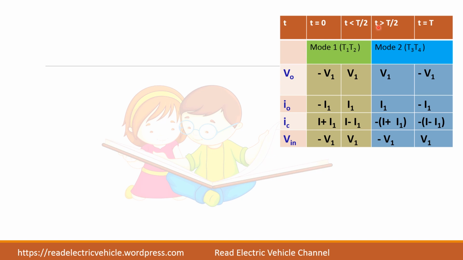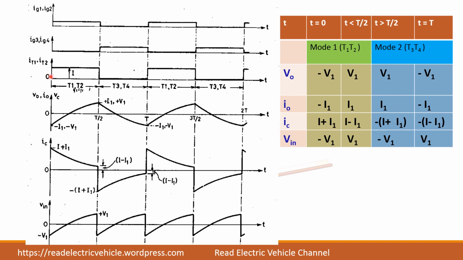While drawing the waveforms, you will understand what it is. So for mode 1, T1 and T2 are on for 0 to half cycle, that is T by 2, and mode 2 starts from T by 2 to T, and we have tabulated all the parameters. Now you see the waveform.